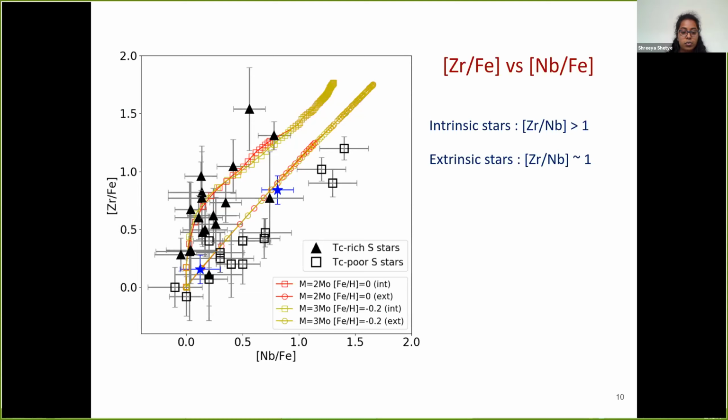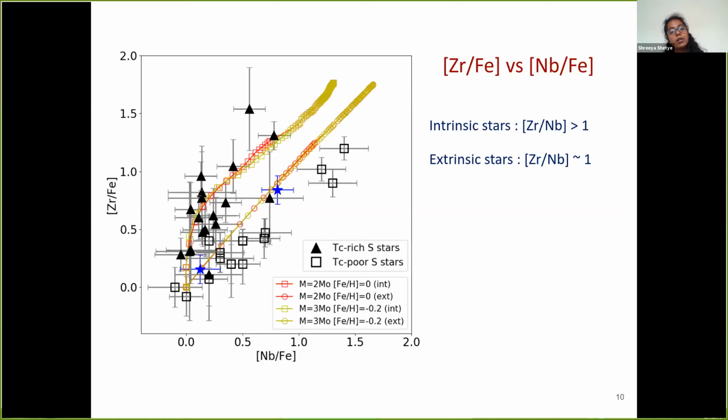Hence, for the extrinsically enriched stars, for the chemically peculiar stars, we expect them to have had enough time for the production of niobium from the decay of zirconium.